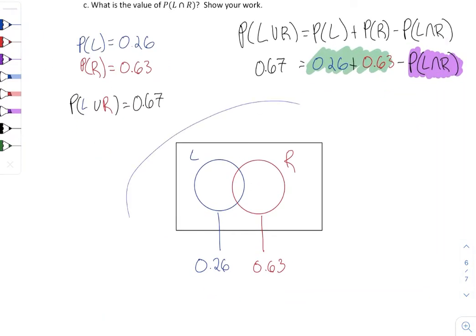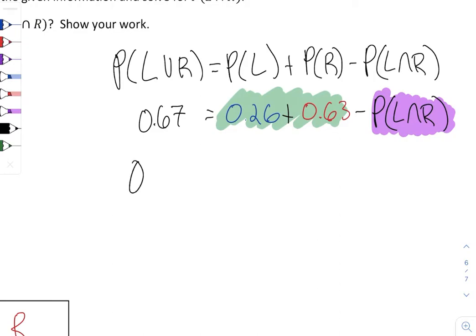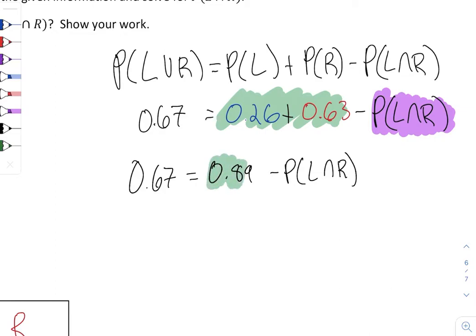I'm going to move this out of my way. First thing I would do is add those together. So this doesn't change. 0.67 equals 0.89 minus the intersection. All I did in the first step was add the 0.26 plus 0.63 to get 0.89.